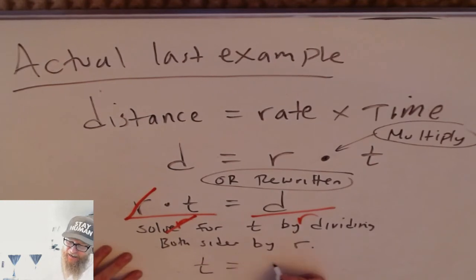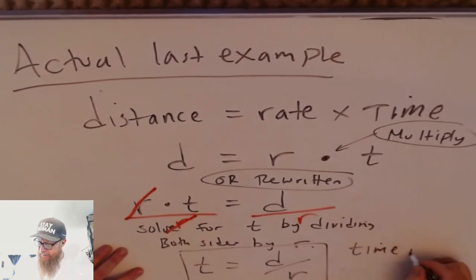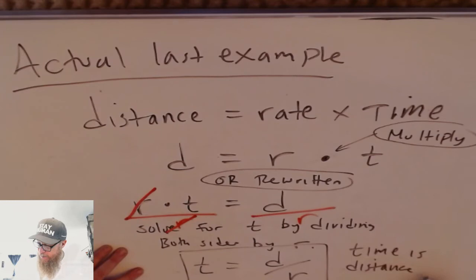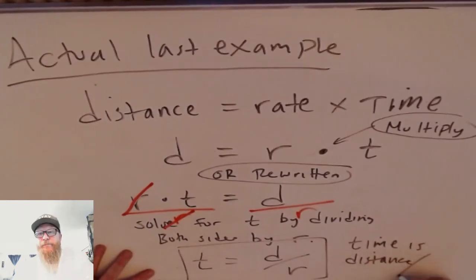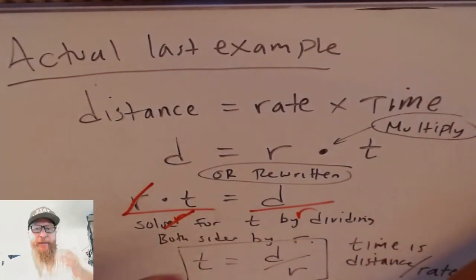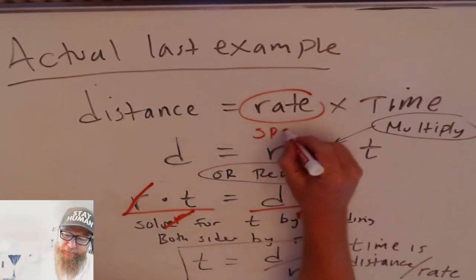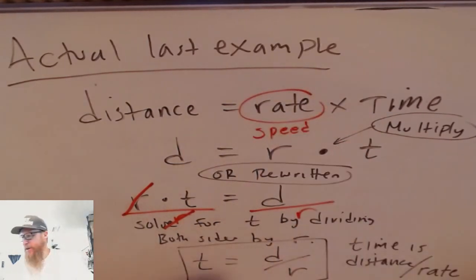And I get the time is equal to D divided by R. In other words, time is distance over rate. Rate is just a fancy way of saying speed. How fast are we going?